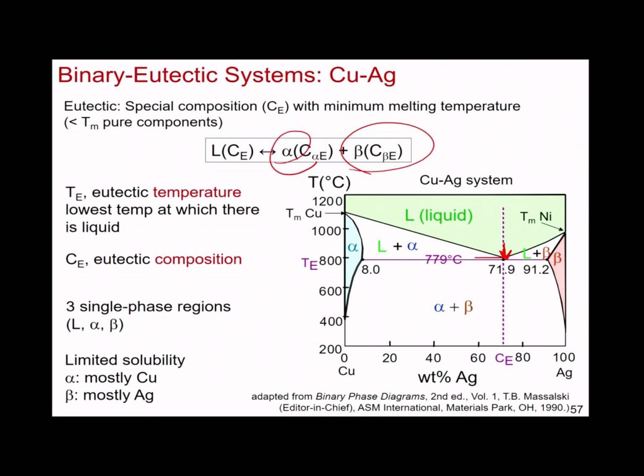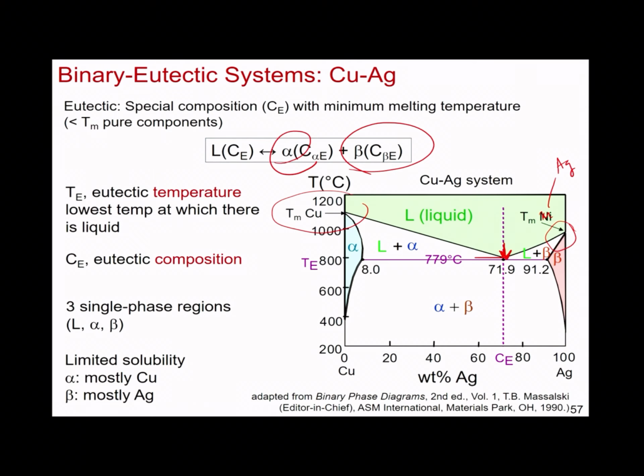This is particularly special because you see the melting point of copper is up here, somewhere between 1,000 and 1,200 degrees Celsius. And then you see the silver melting point.